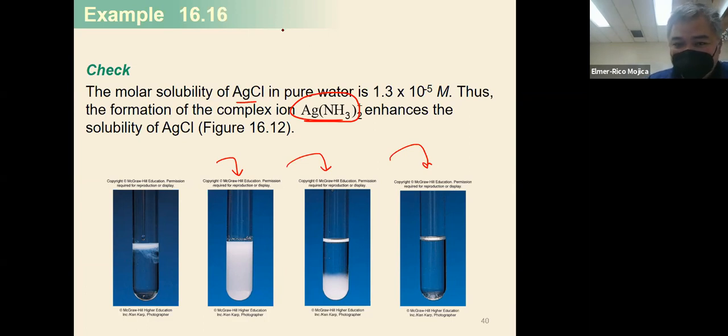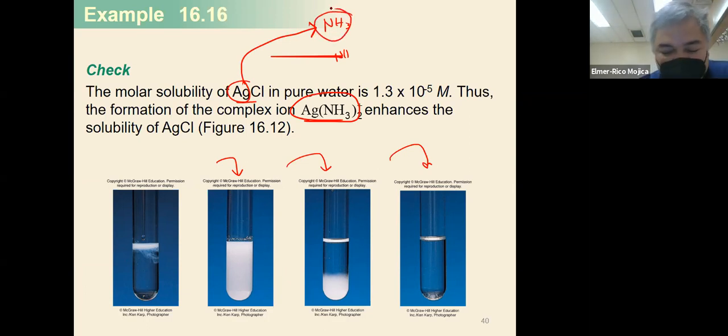So the presence of ammonia there is just to remove the silver from the silver chloride. So instead of silver chloride existing, some of the silver, if not most of the silver, will complex with the ammonia to form the silver ammonia complex.